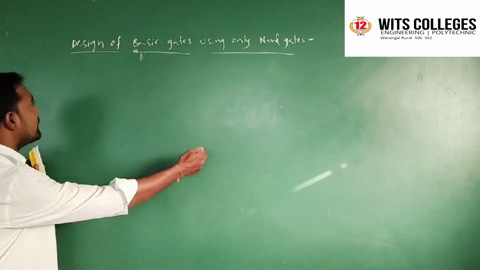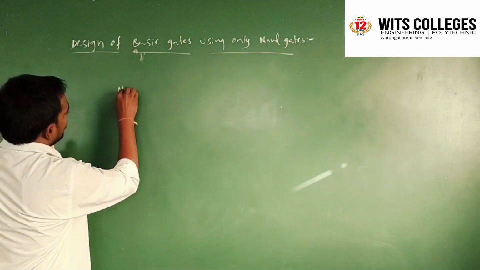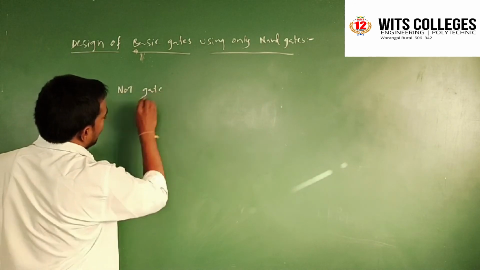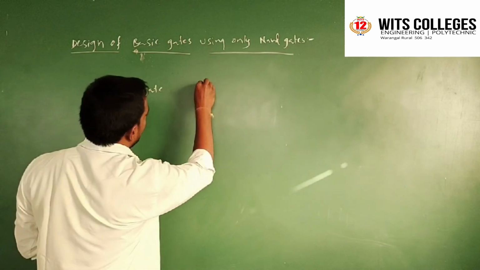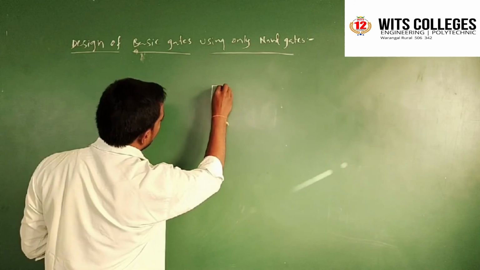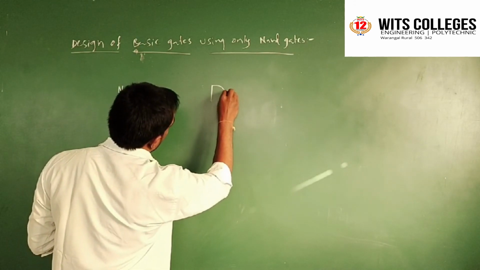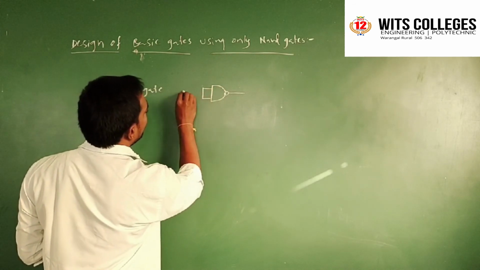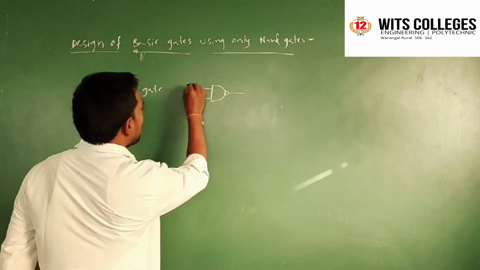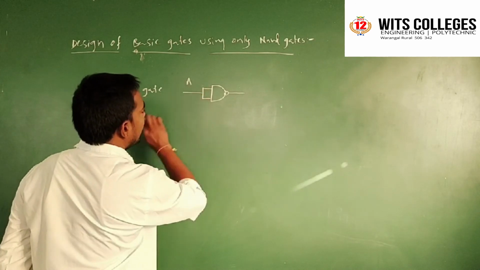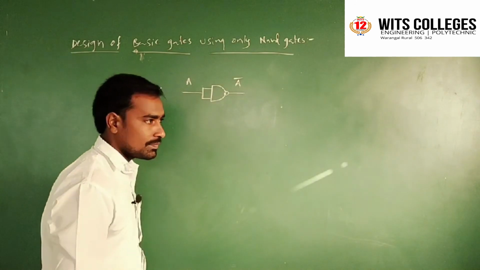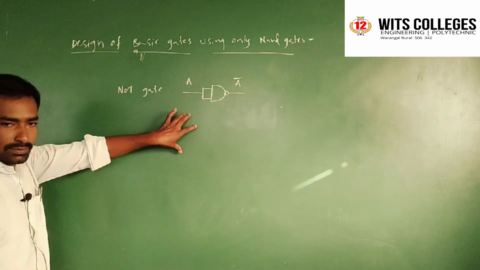So coming to the NOT gate design first, here we are taking the two inputs and they are shorted here, and here we are giving one input. If we give A as the input, then we will get the output equal to A bar. So this is the NOT gate.